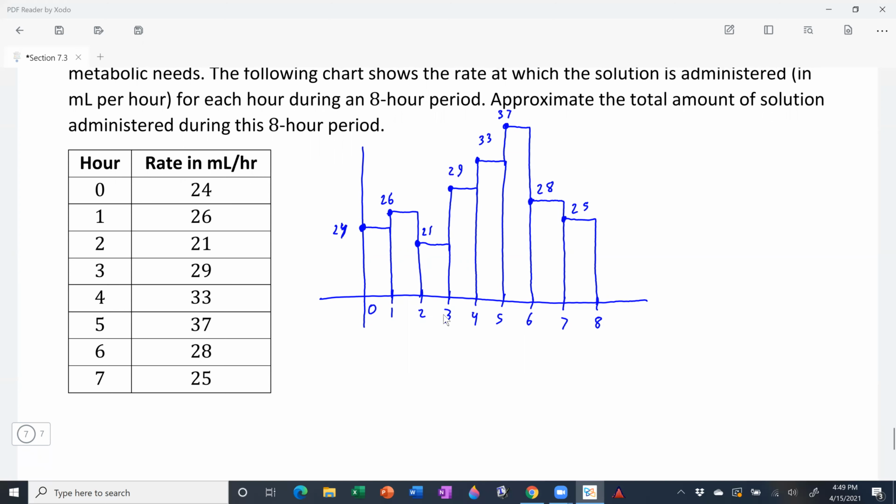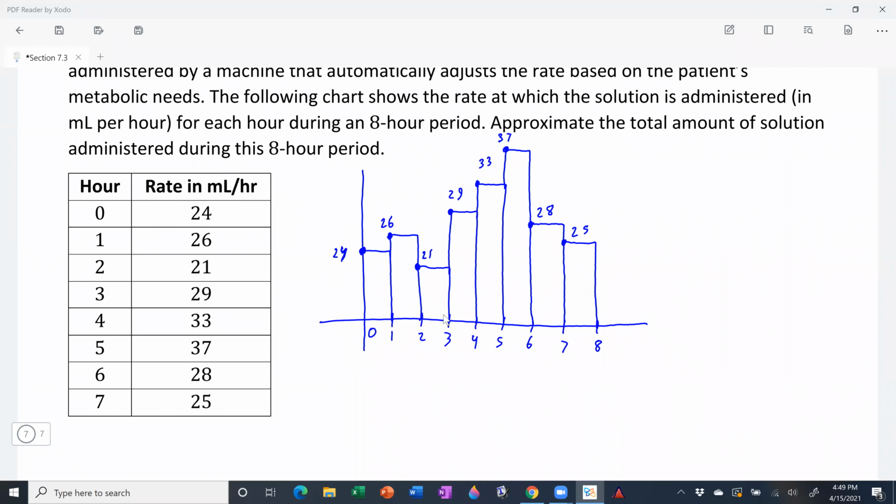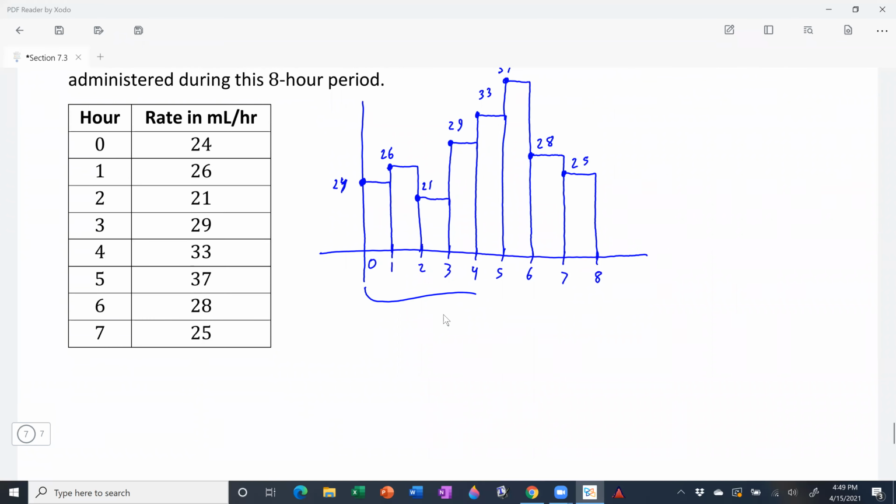We have that the total change or the total amount of solution would be found by just adding up all of these different rectangle areas over this 8-hour period. All right, so the total length of time here is from 0 to 8, but we were given this information at left endpoints.